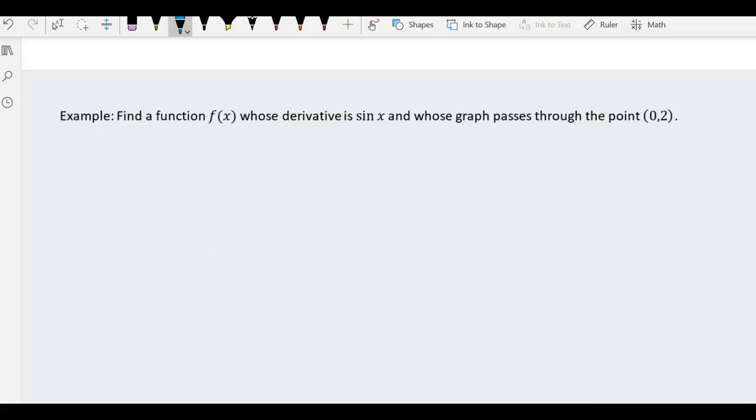Thinking about what we know about derivatives of trig functions, what happens if we let g of x equal negative cosine of x? I think that then if we took the derivative here, we'd have negative negative sine, that would give us sine of x, so that's what we want. We want our g of x to be defined that way.